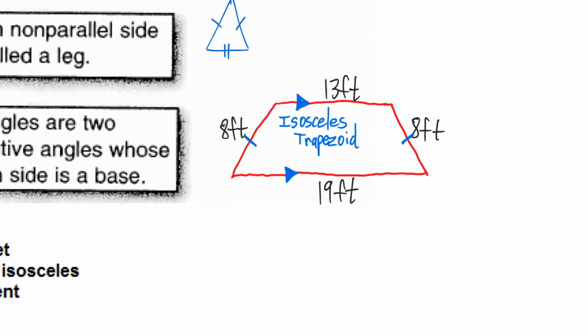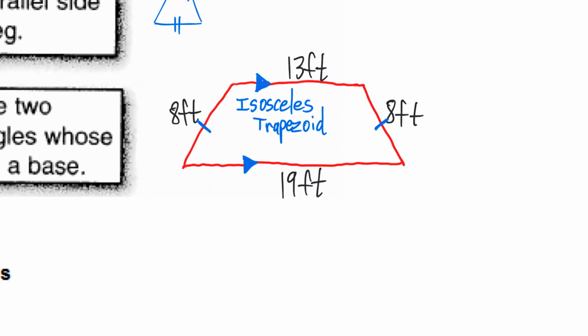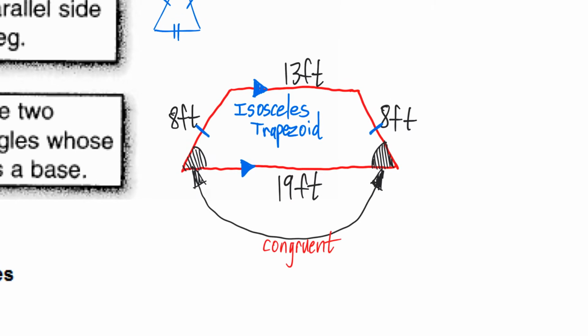All right, now, in an isosceles trapezoid, this angle right here and this angle right here, like in an isosceles triangle, what do you think is true about these two angles? Those two are congruent to each other. And also, the two bases, the top and the bottom here, 13 and 19, are parallel to each other.